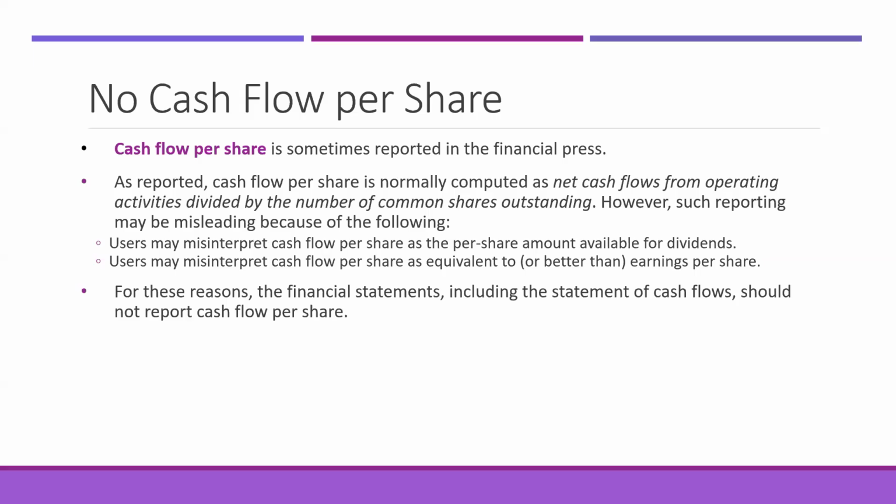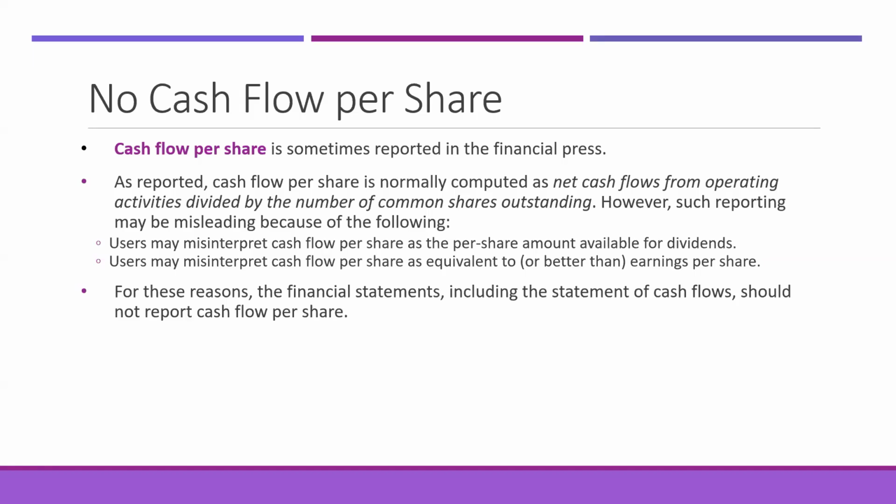Cash flow per share is normally computed as net cash flows from operating activities divided by the number of common shares outstanding. However, it's misleading because it could be interpreted as the per share amount available for dividends, and it may be interpreted as the cash flow per share equivalent to earnings per share. It's also not standardized. For example, if we showed cash flow per share, we might think that that's net increase in cash per share or free cash flow per share.